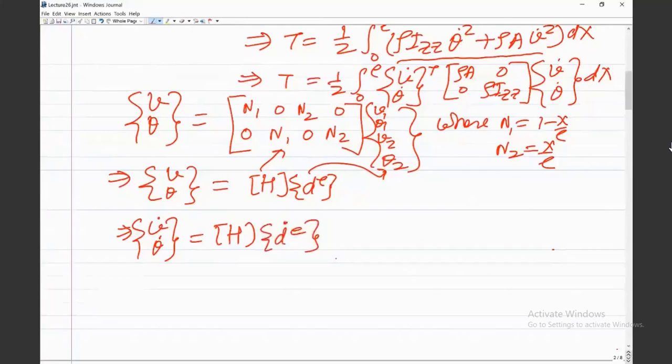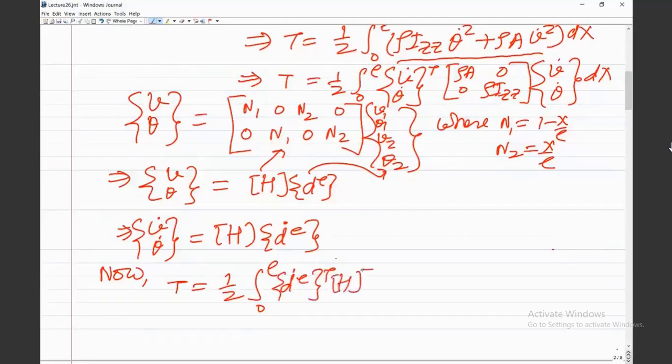So now if you look at the expression for kinetic energy, T will be half integration 0 to L, and then V dot, theta dot transpose would be dE dot transpose into H transpose, and then in between we have this matrix.